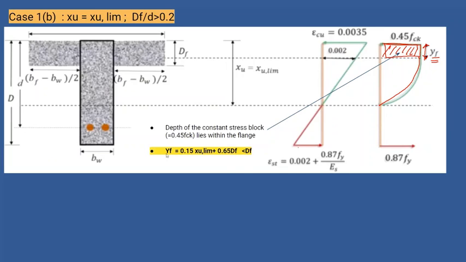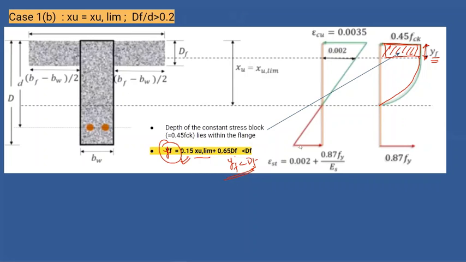Now the IS code has said the value of YF is 0.15 XU limit plus 0.65 DF. The YF should be less than DF. This YF you have to calculate while calculating the moment of resistance.